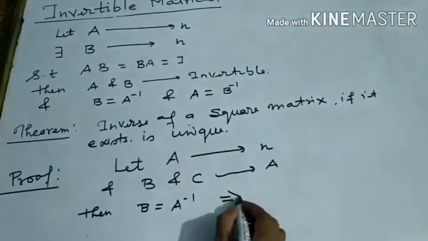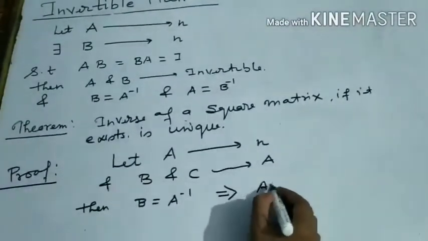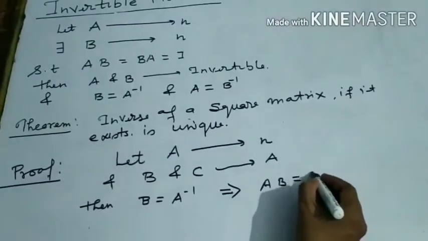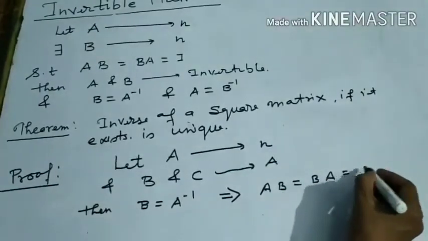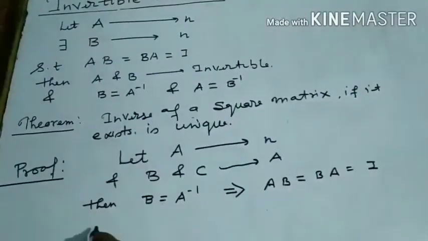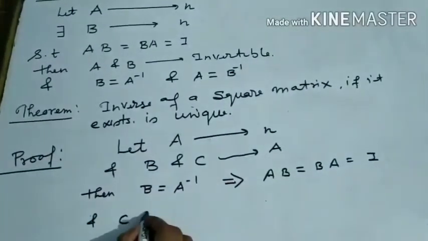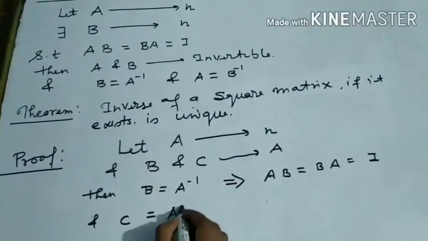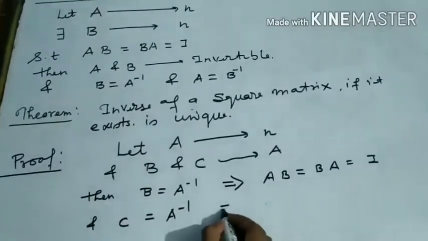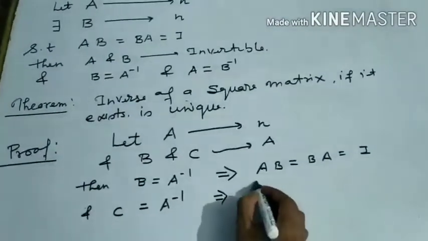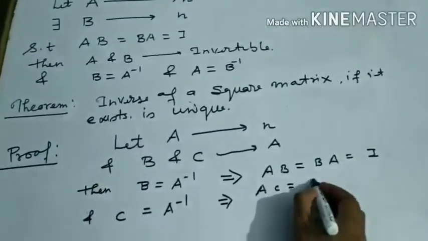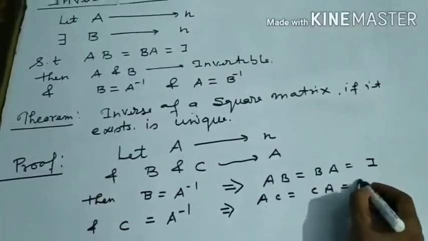This implies that AB is equal to BA is equal to the identity matrix, and C is equal to A inverse, or this implies that AC is equal to CA is equal to the identity matrix.